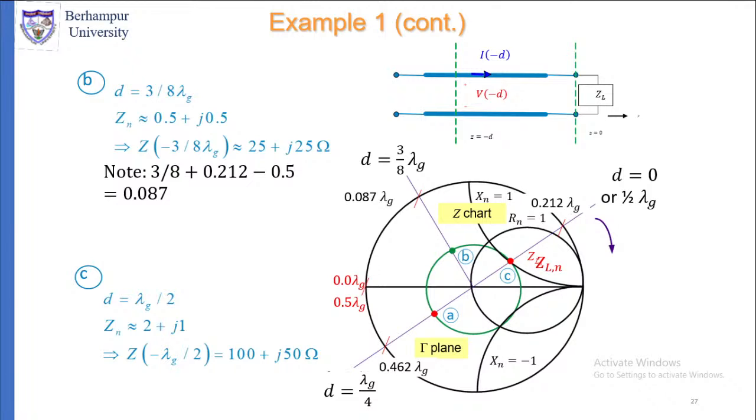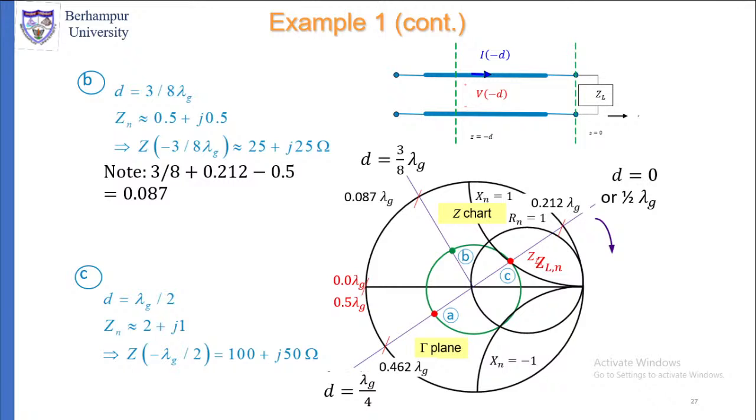Now, when we are at ZLN, ZLN has some value which is more than 0 lambda g. It is not 0, it has a positive value. Now, if you move 3 by 8 lambda g on from ZLN, then there is a problem.